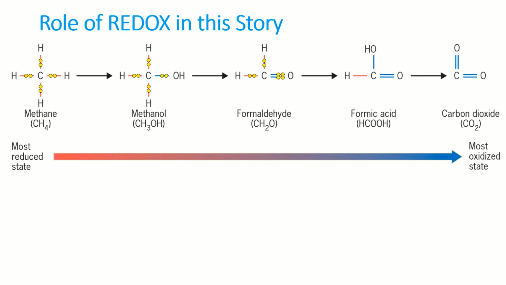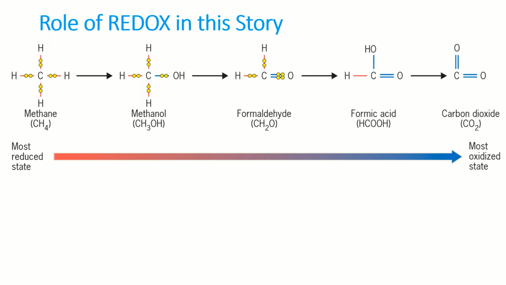Then we go here to formaldehyde, wherein there is a carbonyl group. So take note of the double bond between the carbon and the oxygen. The electrons are all pulled towards oxygen, a very electronegative atom, thereby reducing the influence of carbon on these electrons. And therefore, carbon is now more oxidized in formaldehyde than it was in methanol.